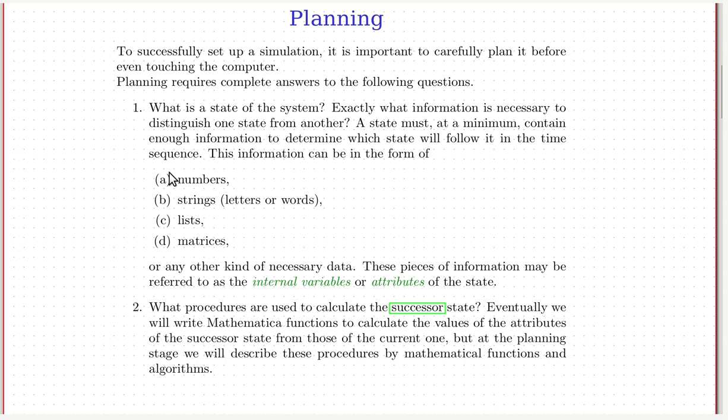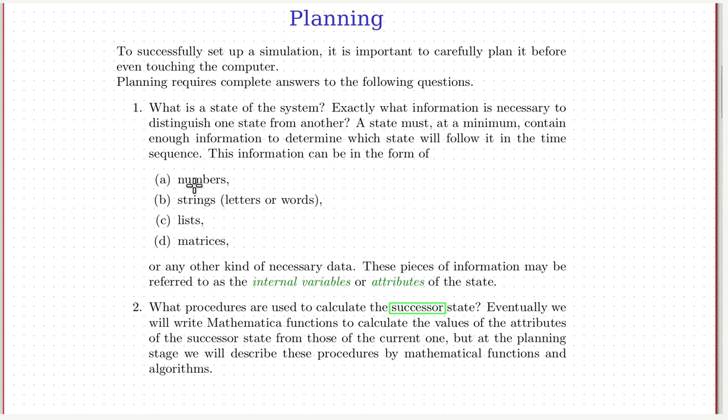That information could be numbers, strings, meaning letters or words, logical symbols, true and false values, lists of numbers or lists of strings, or lists of logical symbols. It could be matrices. So basically any kind of data format that's appropriate for your system might be helpful in defining the state.